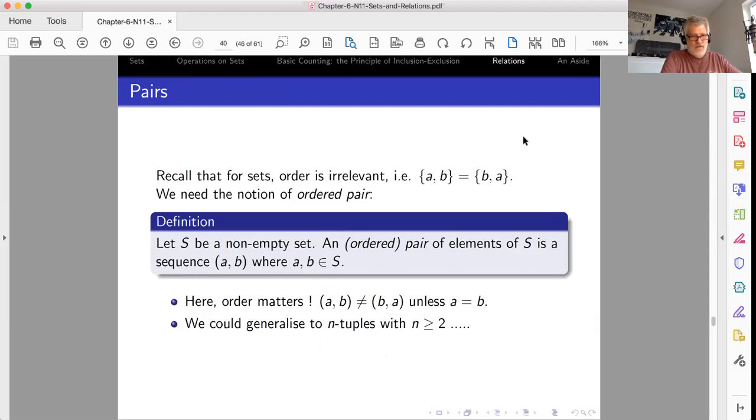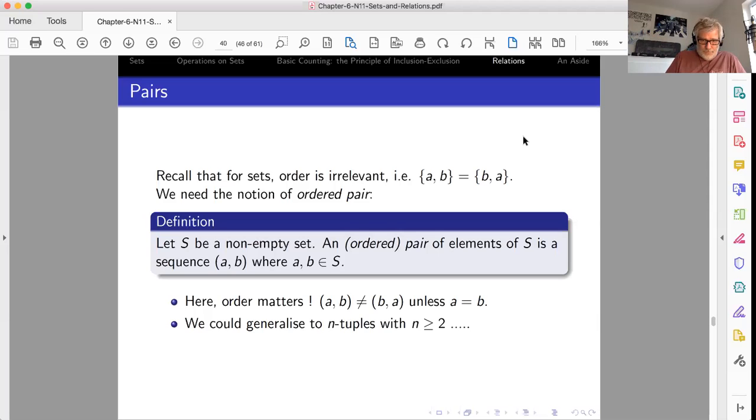Again, there are no deep concepts here. It's basically just definitions. These are concepts which are very useful in databases. And also, if you do any sort of elementary probability, this is used all the time.